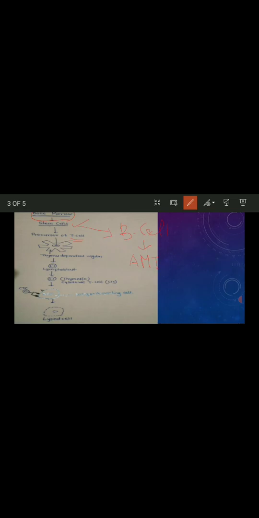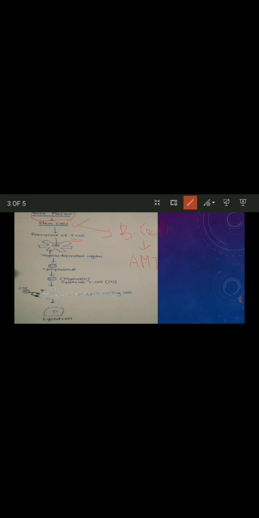Then other cells come, called macrophages. The macrophages are responsible for engulfing these debris and converting them into pus, which goes out of the body. This is the most important part of cell mediated immunity.